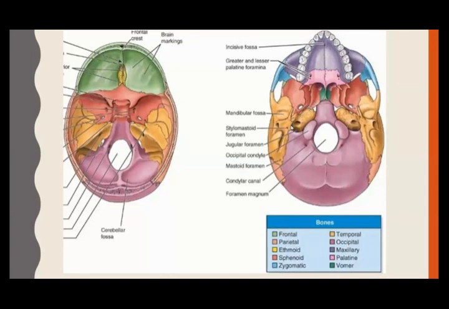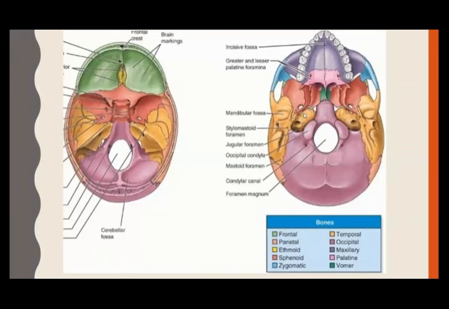This is the zygomatic process of the temporal bone. This is where the mandible will articulate, so it is called the mandibular fossa. Look at the outer opening of the ear, the external acoustic meatus. Earlier we saw the internal acoustic meatus in the petrous temporal bone.